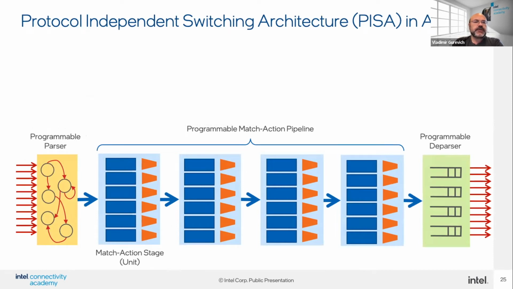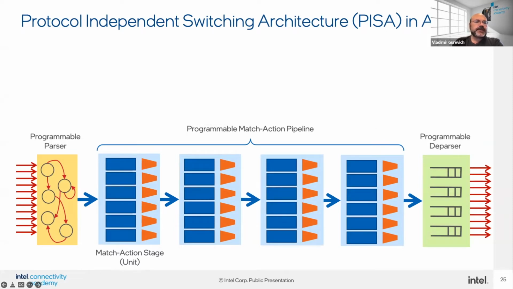So all this brought us to a notion of the so-called protocol independent switching architecture. And that is an abstract model of a packet processing inside a high-speed device that serves as a basis for the P4 language as well. So this model consists of 4 key components: programmable parser, programmable match action pipeline, and programmable deparser.